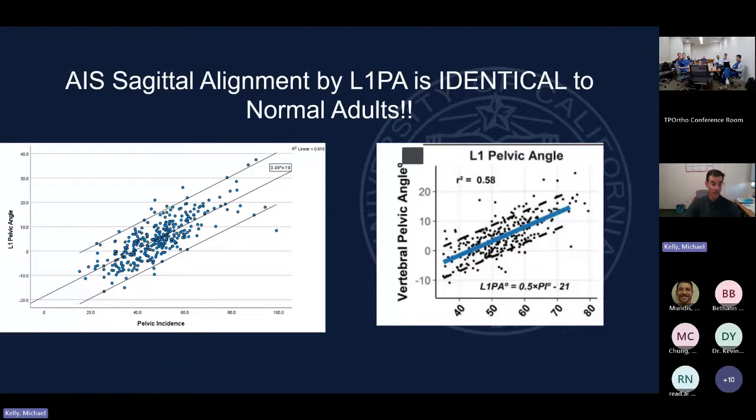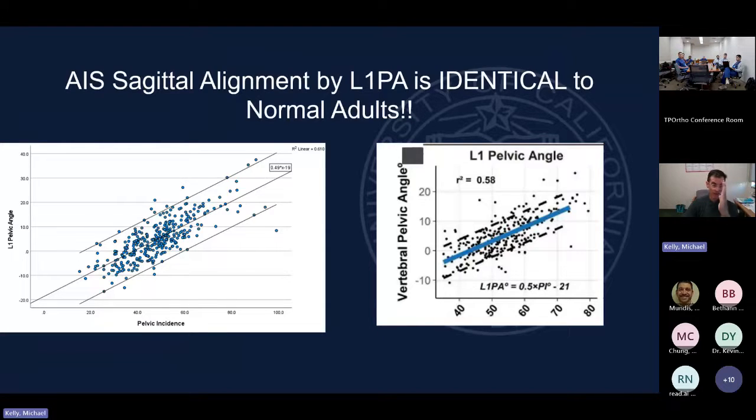This is at least 50-degree curves in AIS, right? Operative AIS. But that centroid on the sagittal spine is in the exact same place. I think that's very fascinating for bringing us back to this concept that Dubousset always espoused and Bridwell espouses, that these kids develop in a cone of economy and we need to not mess it up.